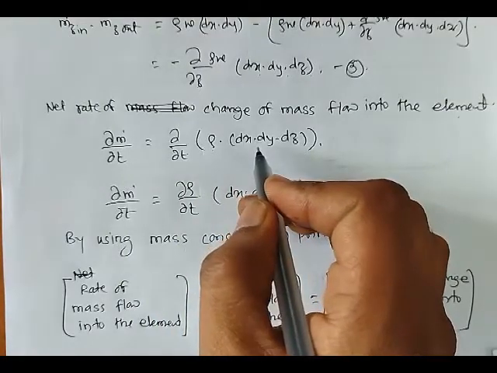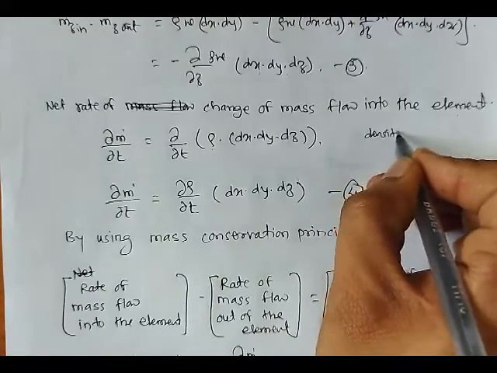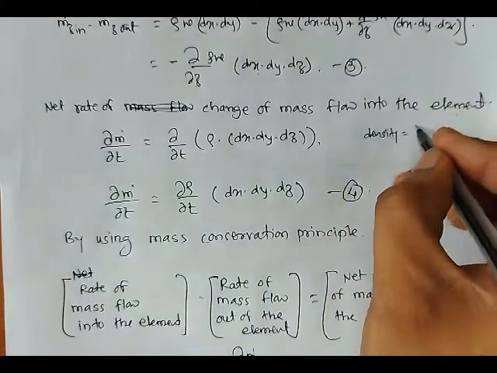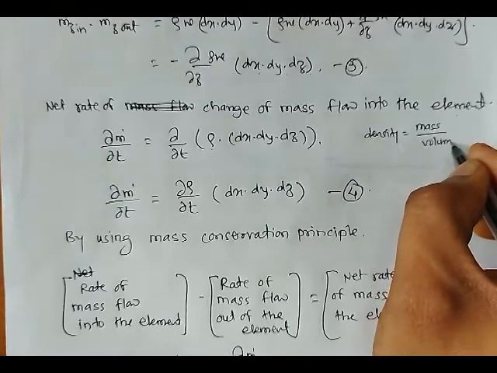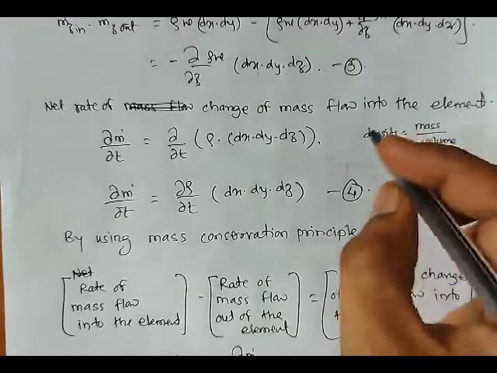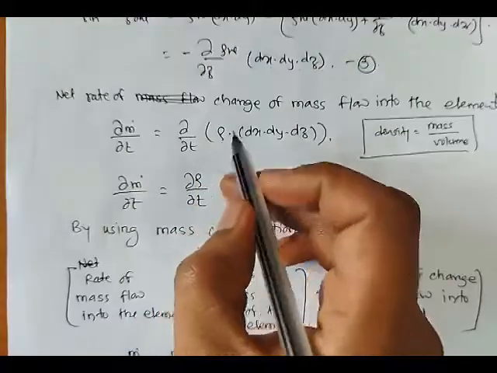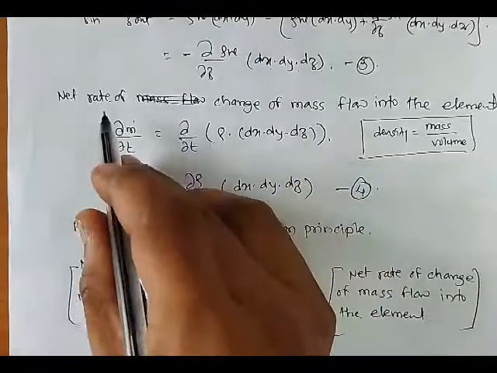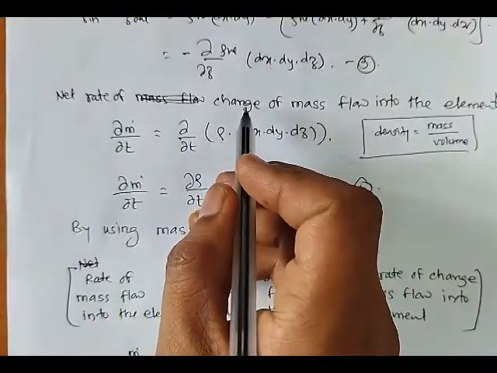We know the formula of density is mass upon volume, so if you multiply density with volume, you will get the mass. So the net rate of change of mass means the change in mass with respect to time.